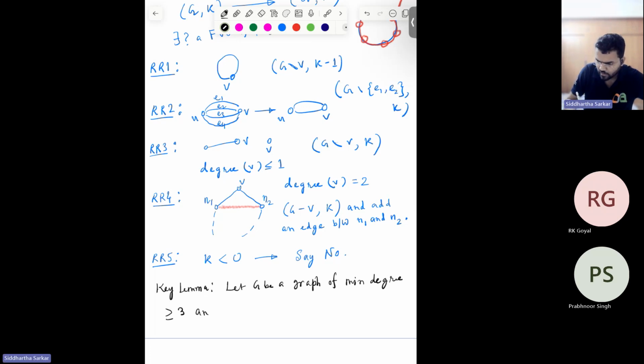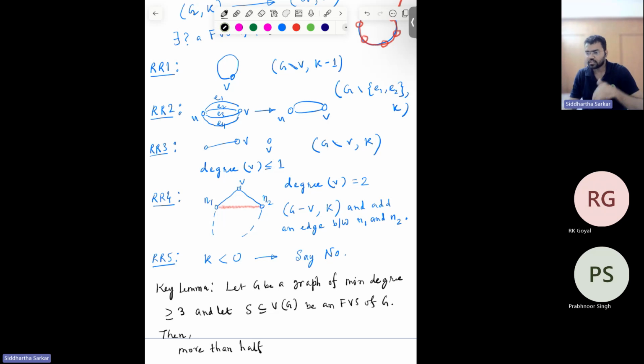And let S, a subset of the vertex set, be a feedback vertex set of G. Then the lemma says that more than half of the edges of G are incident on S.